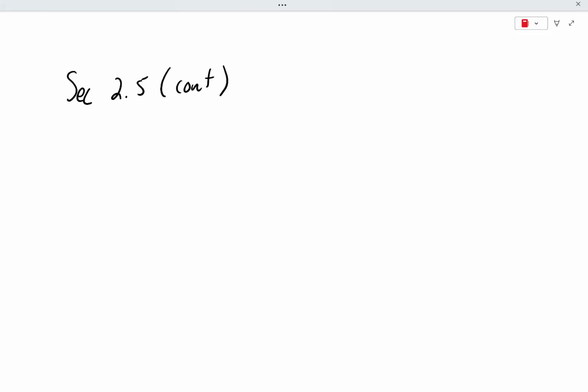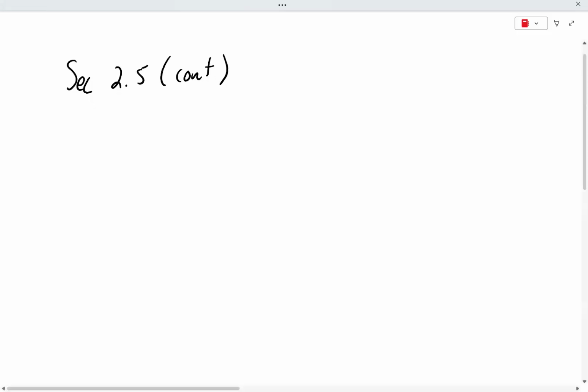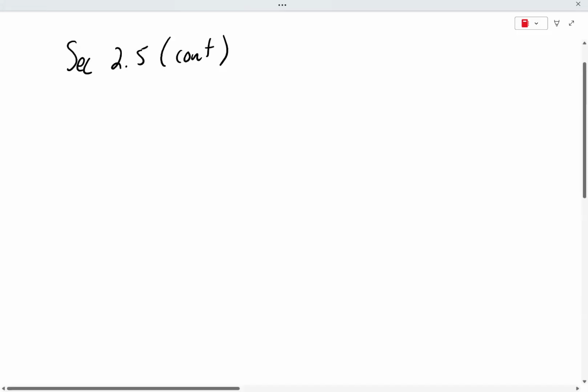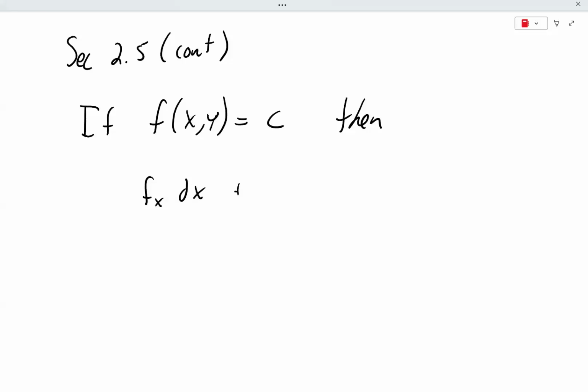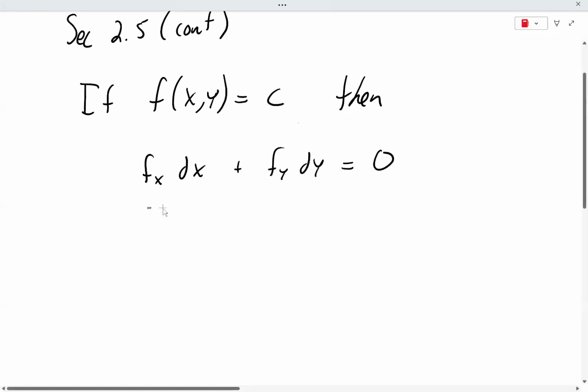Okay, and we'll just start with the problem and dive right into it. But in a nutshell, real quick again, you don't have to write this down, but from last time, we had this: if f of x, y is equal to c, then this is true here. Okay, so if you have this, then this is true.